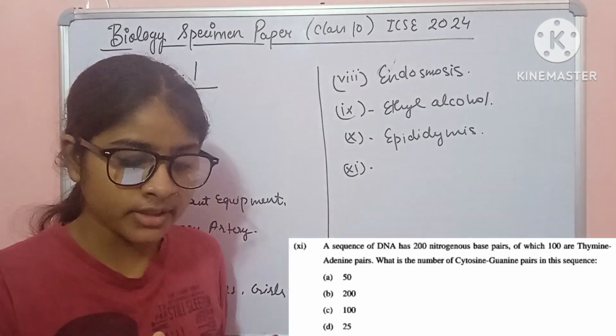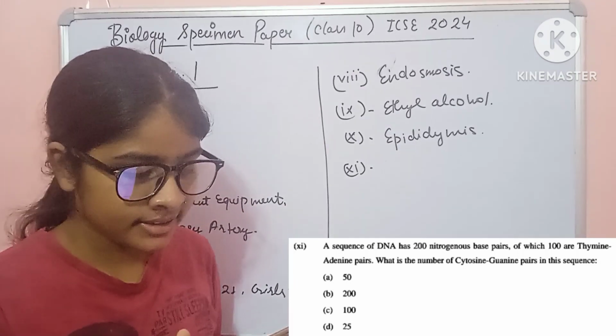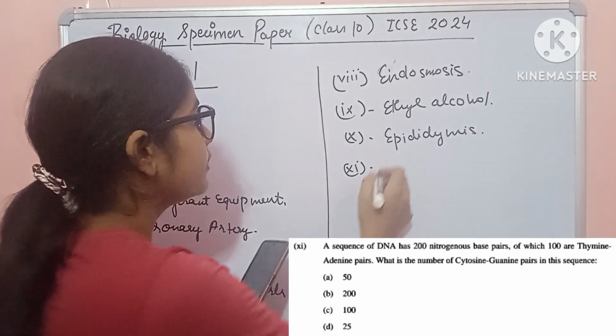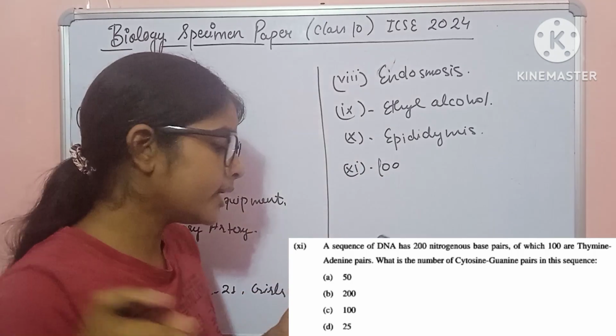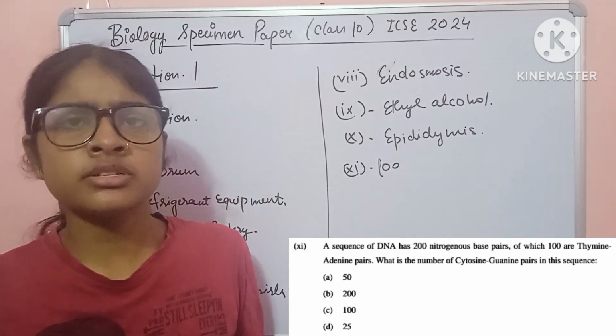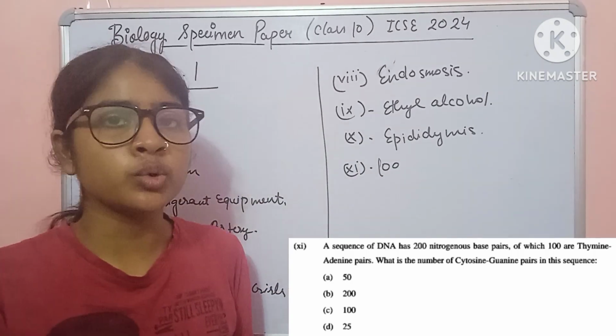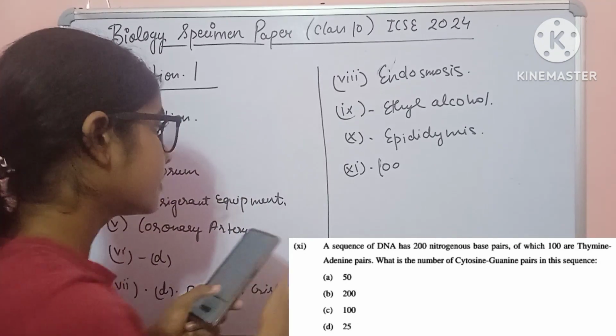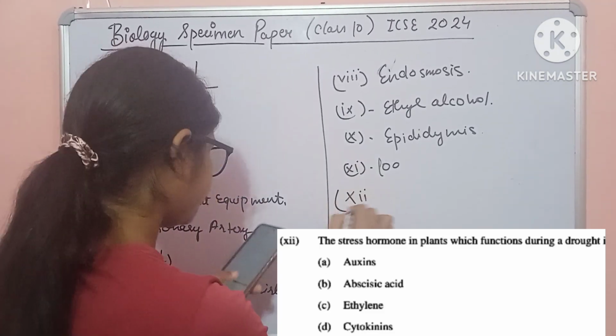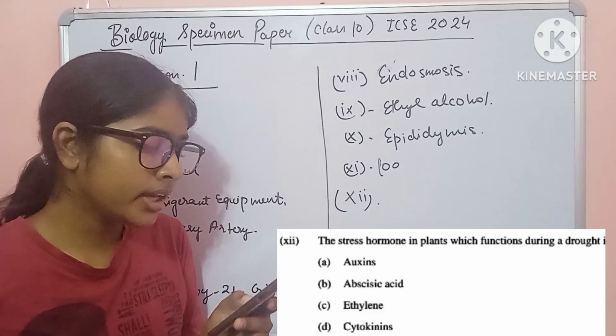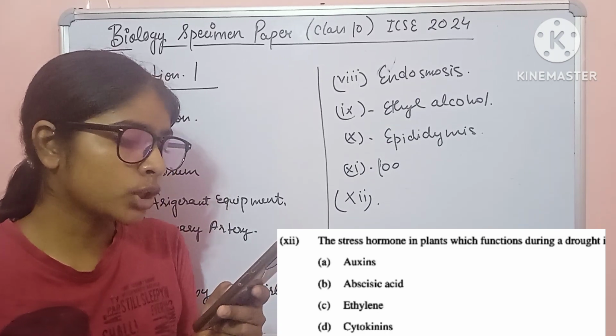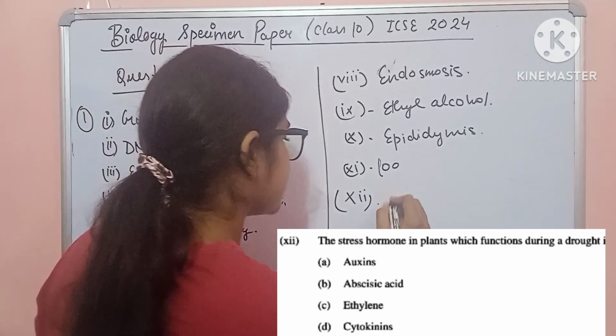What is the number of cytosine-guanine pairs in the sequence? So the answer here will be 100. See, the total base pairs are 200, so just subtract 100 from 200, you will get the answer. Now 12th part. The stress hormone in plants which functions during a drought is abscisic acid.